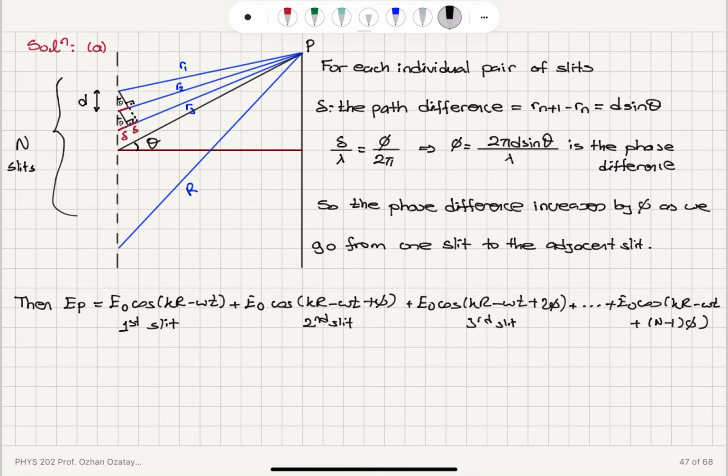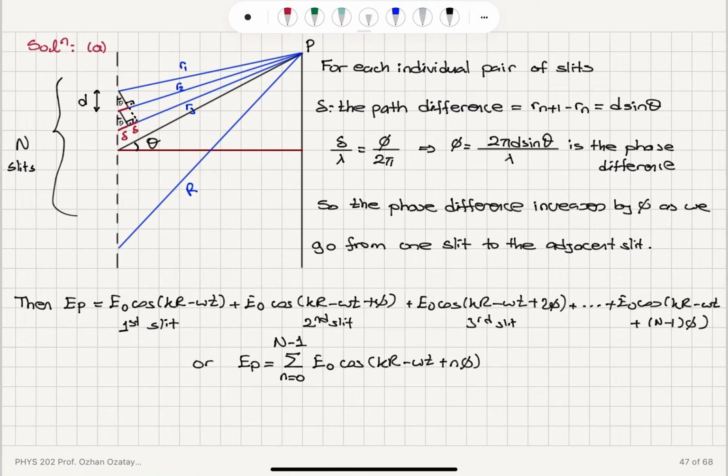Or we can write it this way. The electric field at point P is the sum from n equals 0 to capital N minus 1 of E0 cosine(kr minus omega t plus n phi). So n takes values from 0.